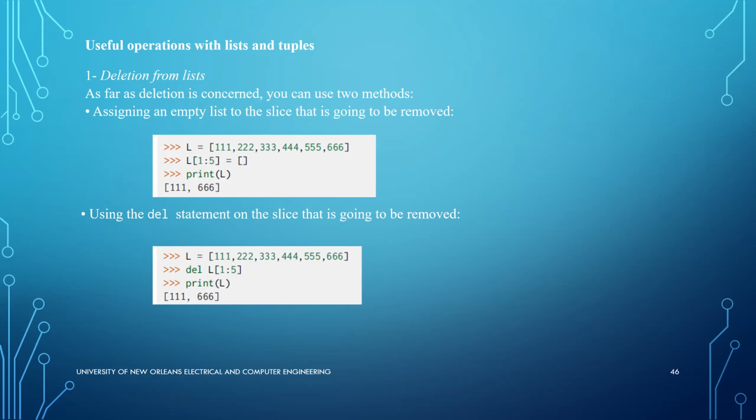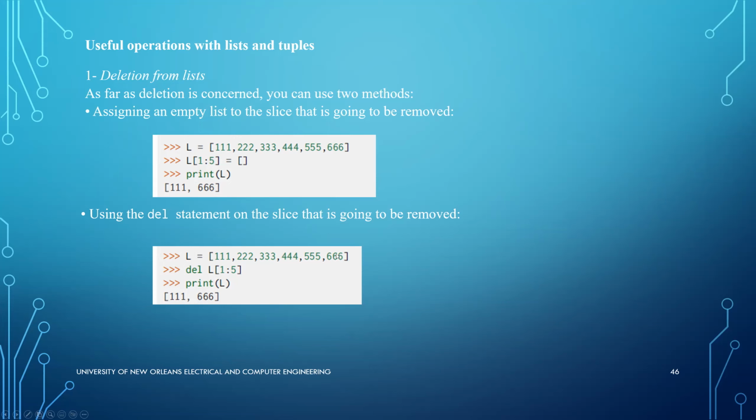There's also another command that is specifically used for that. It's called the del command. And it does the same thing. If I want to remove the elements in the index 1 through 5, 5 being the stopping point, remember, this will not include that element.